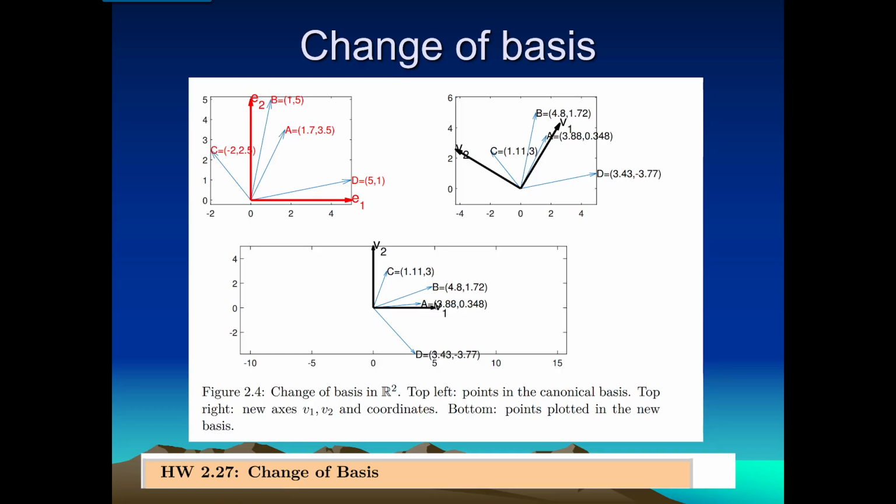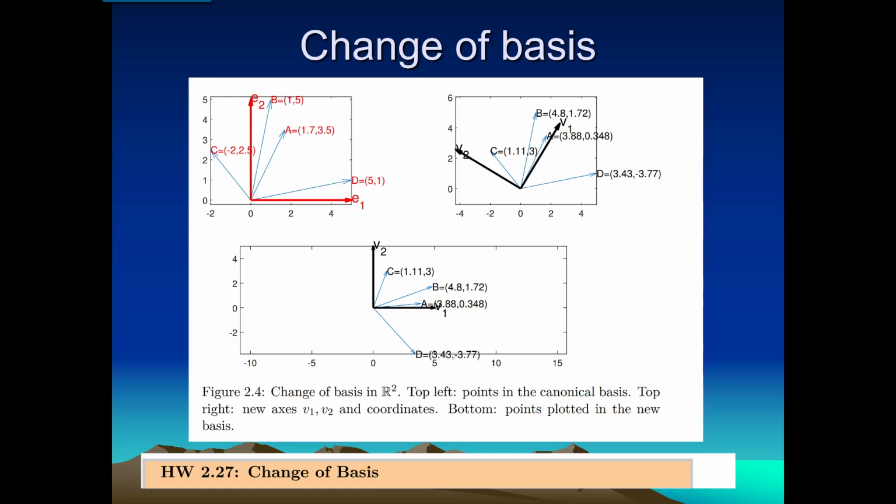Why not? This is a possibility. Sometimes it is better to put the axes along the direction of maximum variability. And this is the concept of principal component analysis, when you have to reduce the dimensions. Therefore, if you have these two basis vectors, what are the coordinates of the vector in the new basis? Because V1 and V2 are orthogonal. Same thing as before.